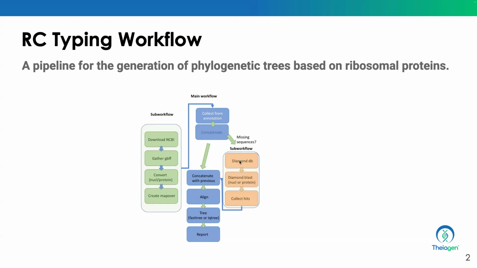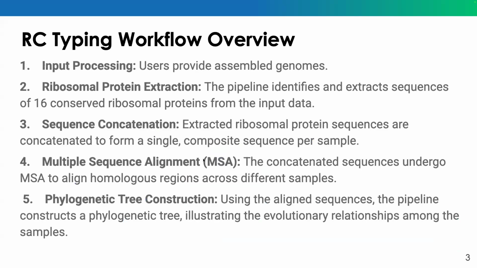But I think we do have the small Diamond database wrapped up in the Docker image as well. So basically, this shows the step-by-step working of the workflow. In the next slide, I'll explain in general what this entails.